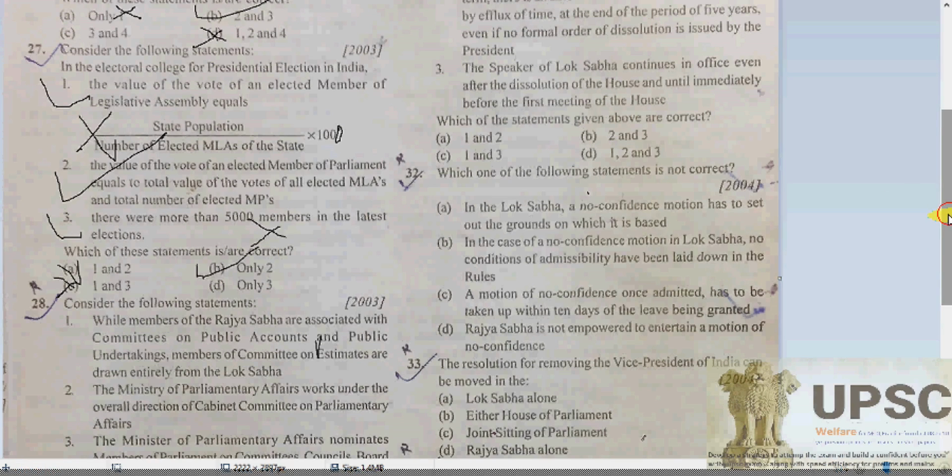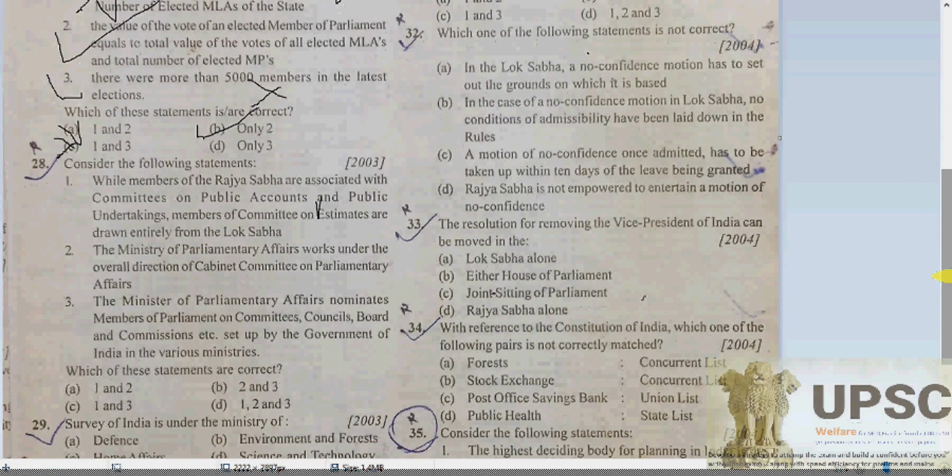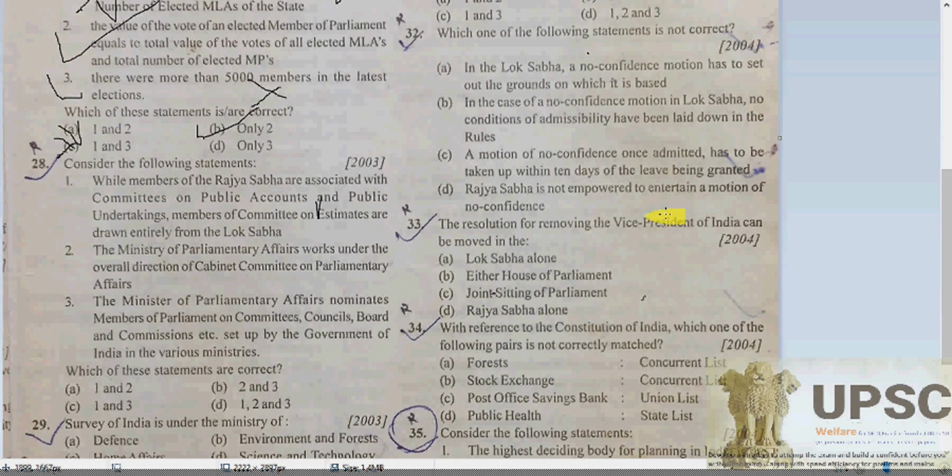Now the next question, number 28. Consider the following statements. While members of the Rajya Sabha are associated with the Committee on Public Accounts and the Committee on Public Undertakings, members of the Committee on Estimates are drawn entirely from the Lok Sabha.